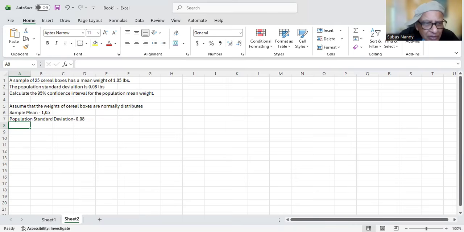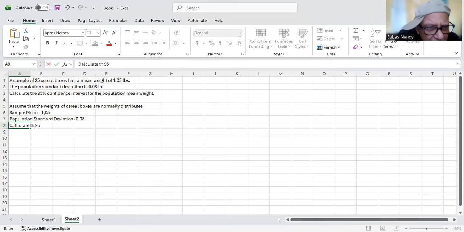So calculate the 95%. I've written it over here, 95.